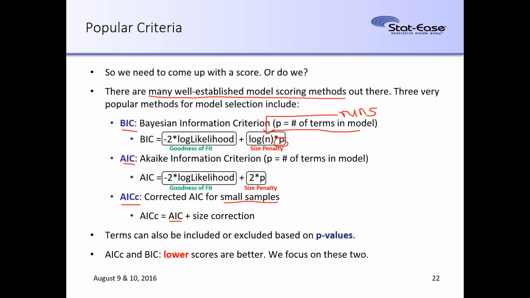The AIC will penalize each model at a rate of 2. So for every term you put in the model, it'll penalize the model by 2. I believe if N is greater than 8, the BIC penalty starts to become much more severe.